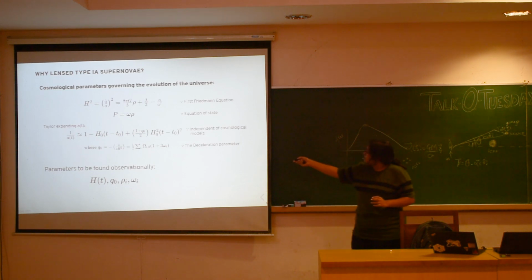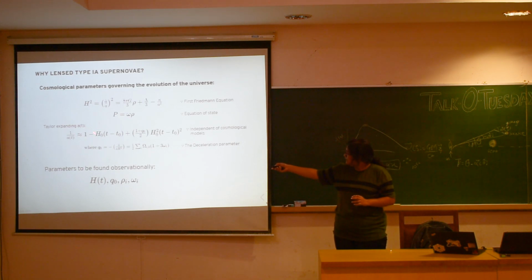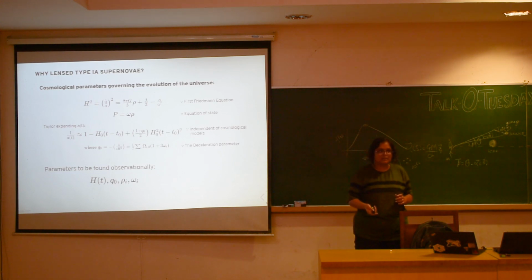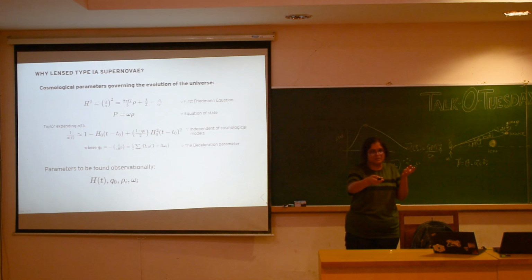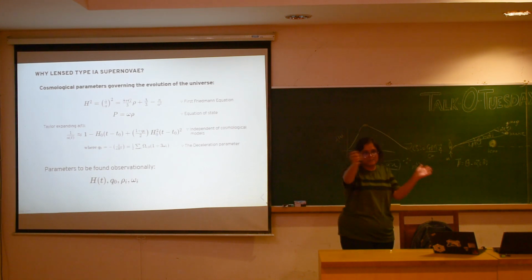Okay, so now we have this A parameter which depends on time, obviously. A is not constant, it's also changing. We live in a universe which is expanding. First it was expanding, then it's accelerated expansion.